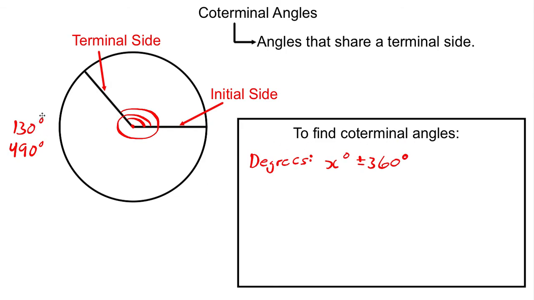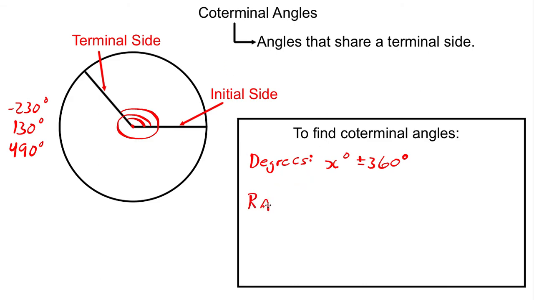Why minus? Well, we're going anti-clockwise or counterclockwise, which represents a positive direction. But if I go the clockwise direction, that's a negative direction. So what I could do is also subtract 360 degrees. So that would also give me negative 230 degrees.